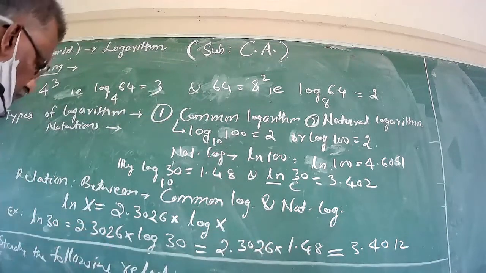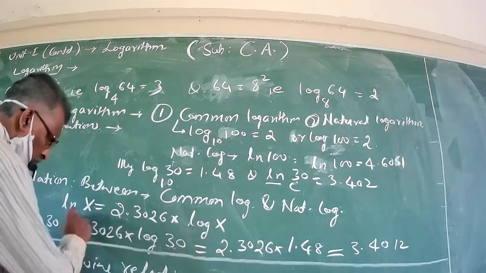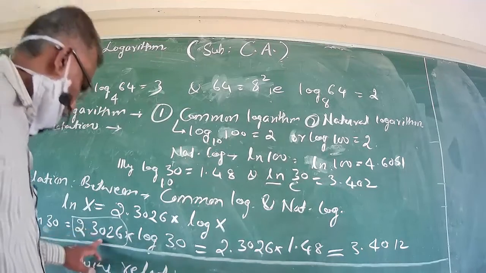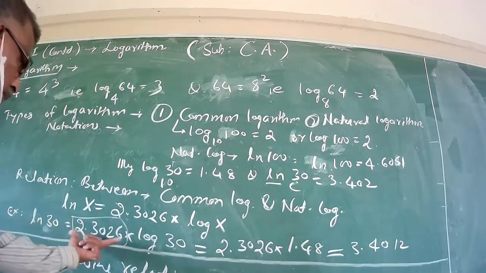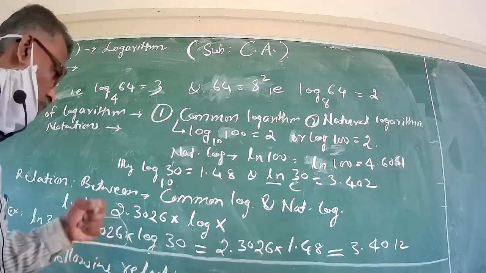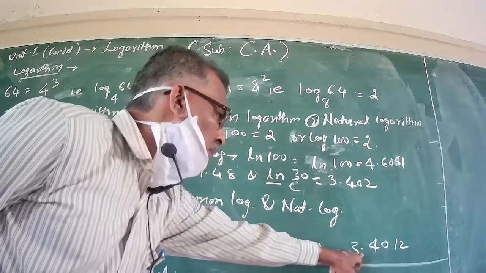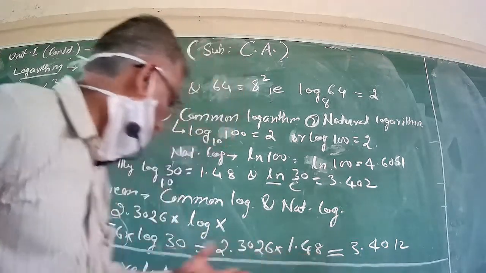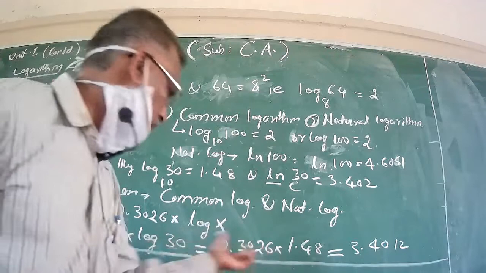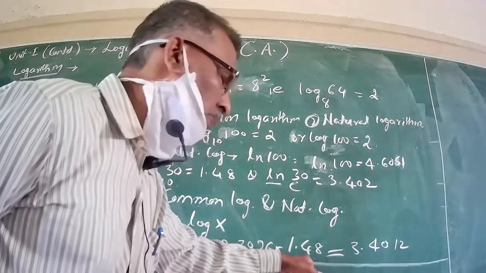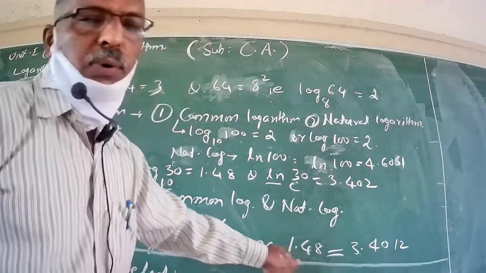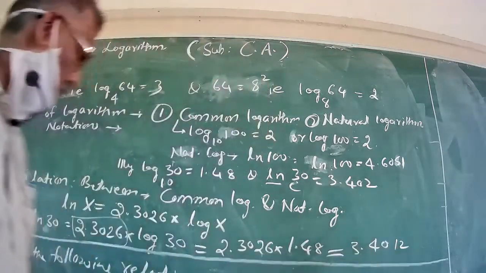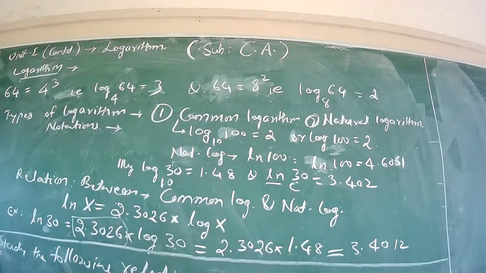This is a constant: for any number, the natural logarithm is the common logarithm multiplied by 2.3026. The value of log of 30 equals 1.48, which is from the table. So 2.3026 multiplied by 1.48 gives 3.4012.